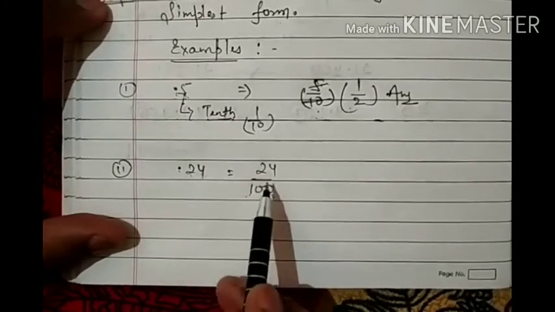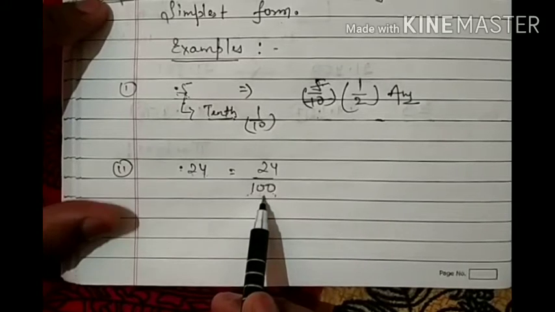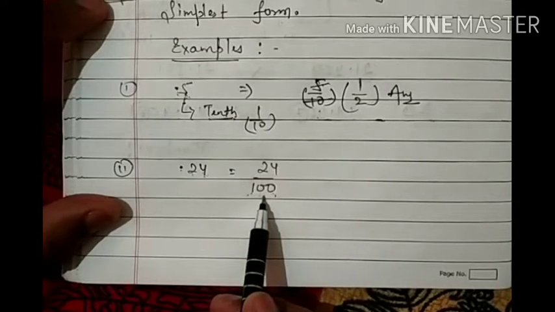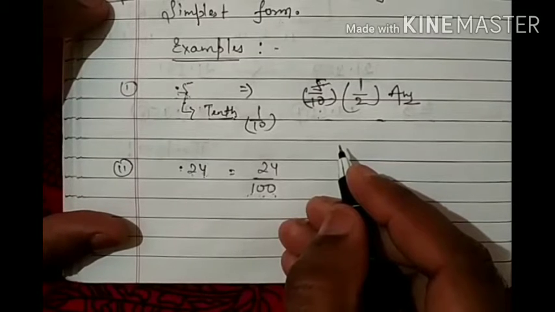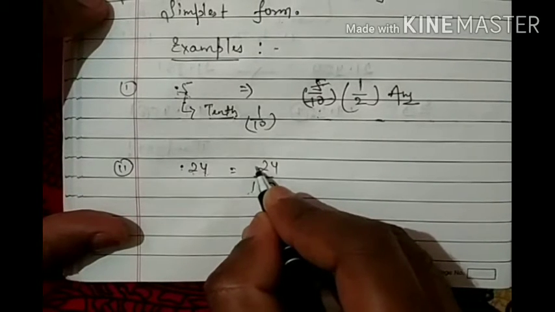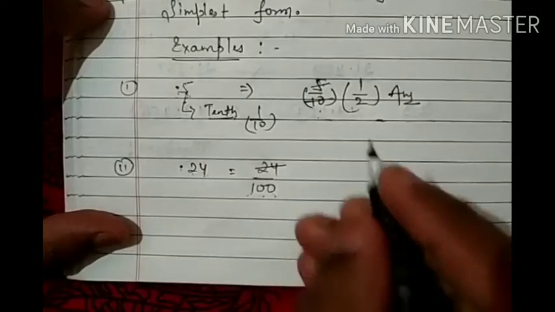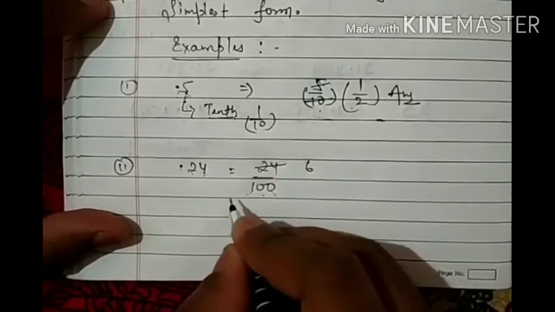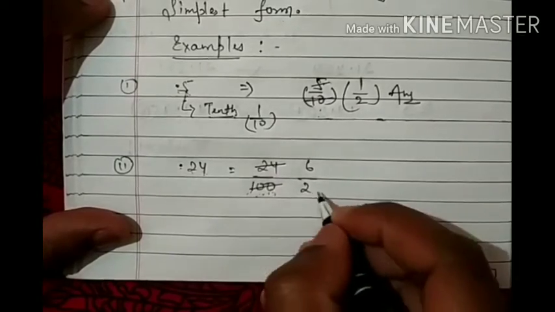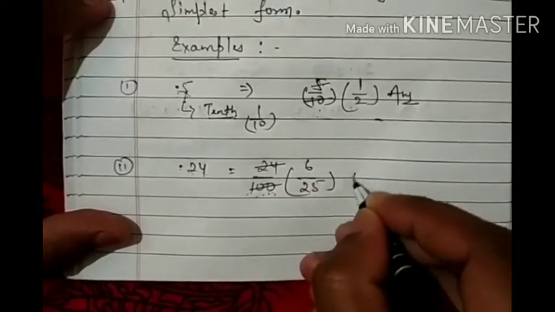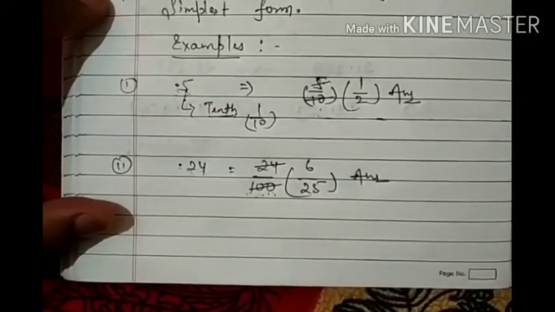I hope it is clear. 24 by 100. Now we will convert this into the simplest form. We can divide it by any number. Let's start with 4. 4 sixes are 24, 4 twos are 8, remainder 2, 0 is 20, 4 fives are 20. 6 by 25 is the required fraction. Let's take one more example.